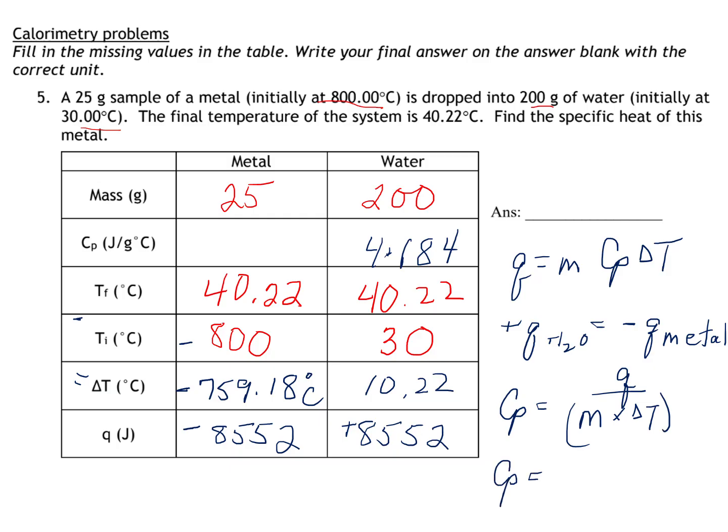So Cp is going to be equal to negative 8,552 joules all over the mass of the metal, which was 25, times the delta T for the metal, which was negative 759.18.